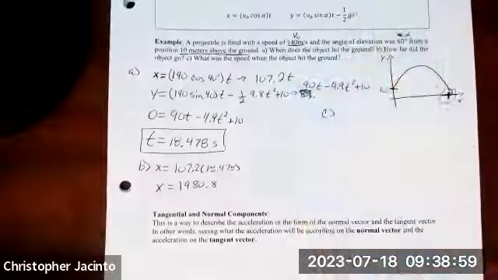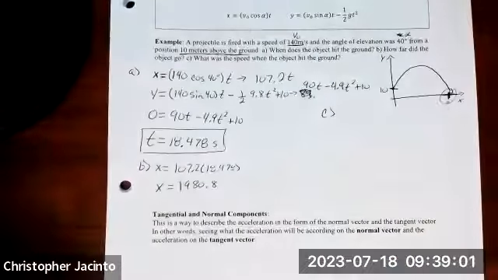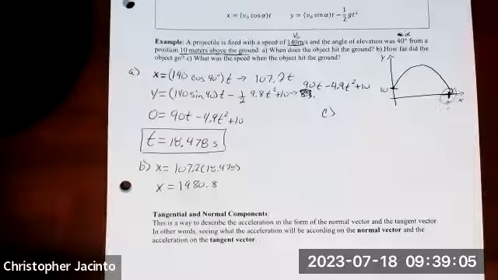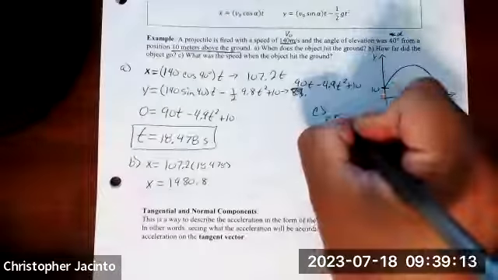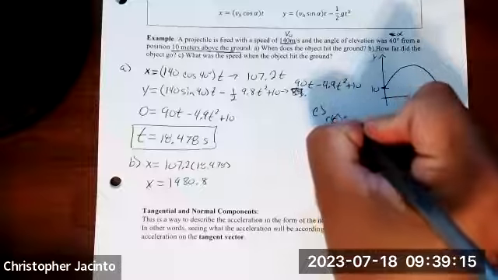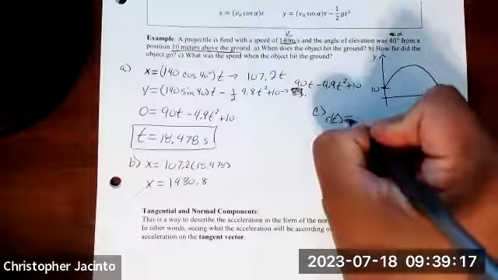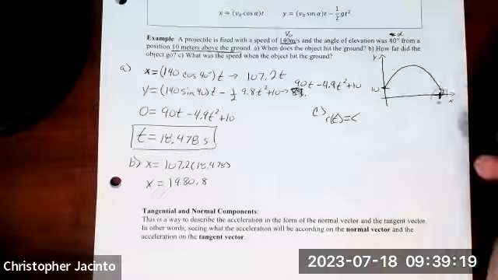All right, now C. What is the speed when the object hits the ground? All right, so we're talking about speed. So first we need to find the velocity. But what is our position vector? Well, the position vector is just the components x, y, which is right here.